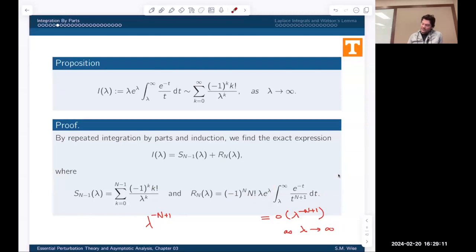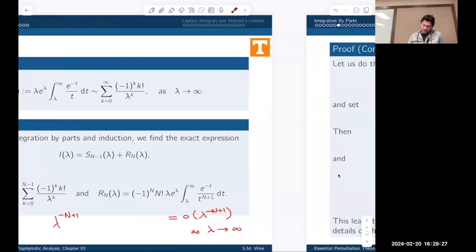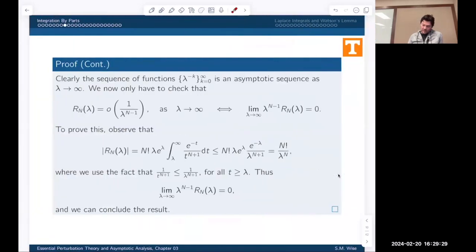But you notice that this integral already has a positive integrand, right? e to the minus t, that's positive. t to the n plus 1, that's positive. So when I take the absolute value of that, it's already positive. Nothing happens, so that's why you get equality here. You don't have to even worry about bringing the integration inside.